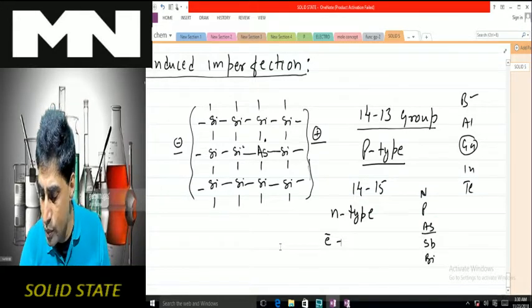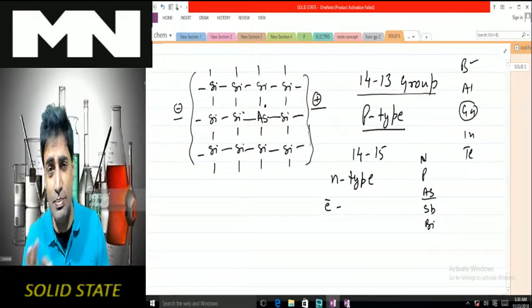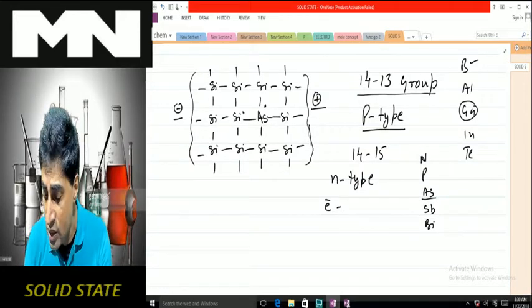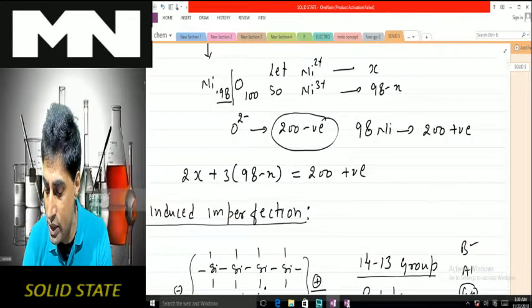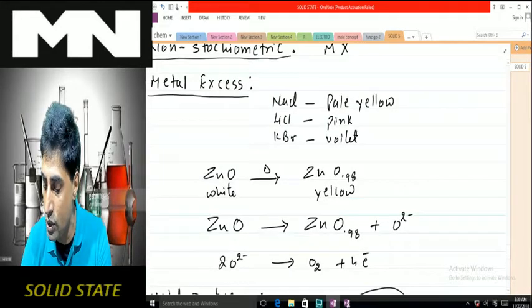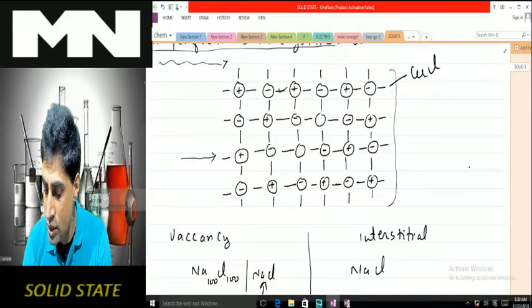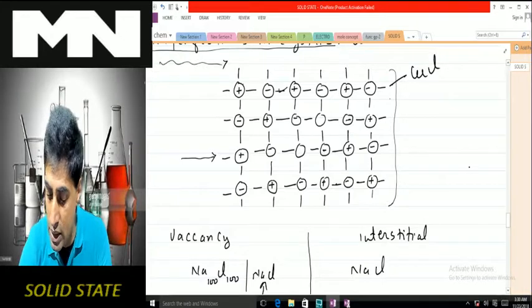Here I would like to add one more thing, which I skipped in the first lecture also, and here also. Let me tell you one thing. Say you got a sodium chloride crystal, or we'll move to the initial crystalline structure which I have drawn. I'll show you there. Suppose this is a sodium chloride type crystal.